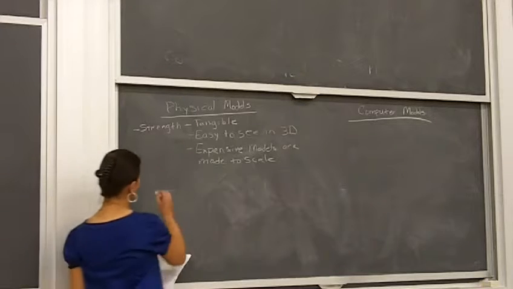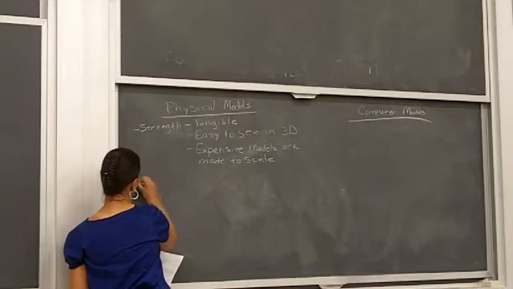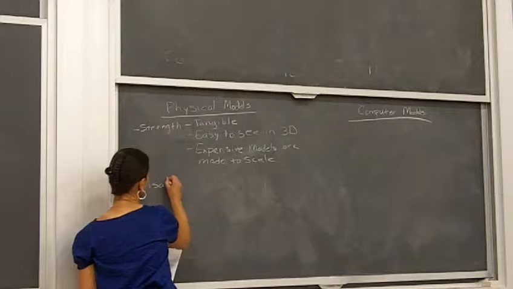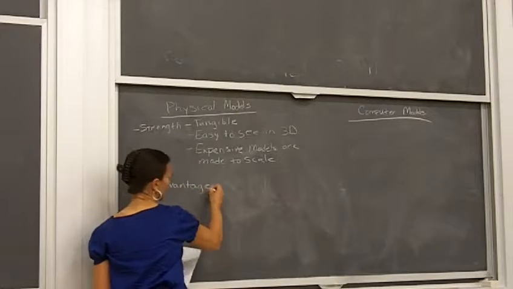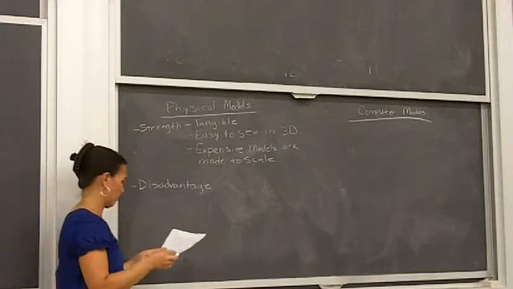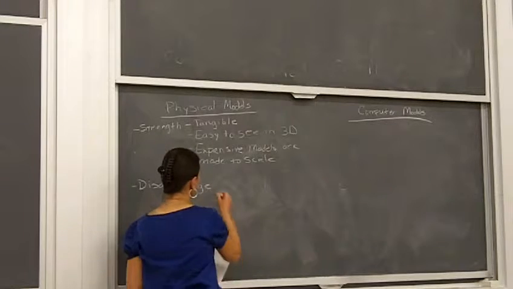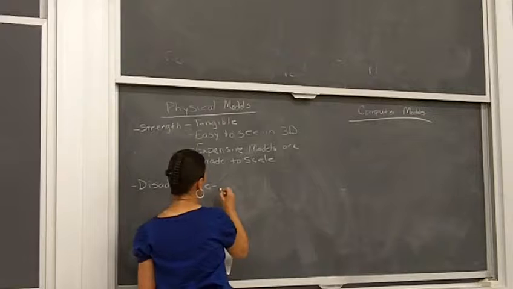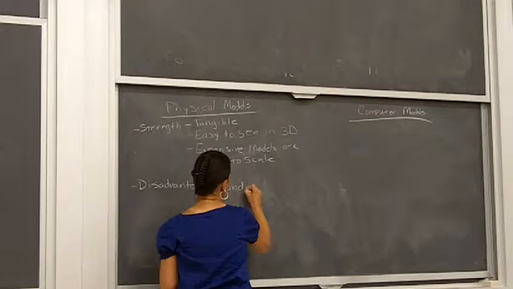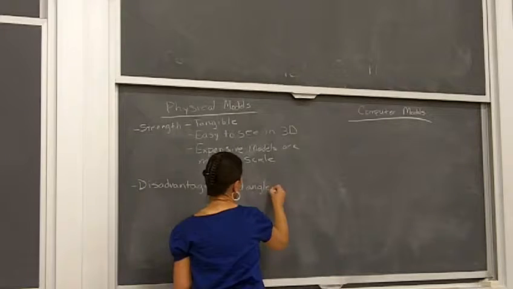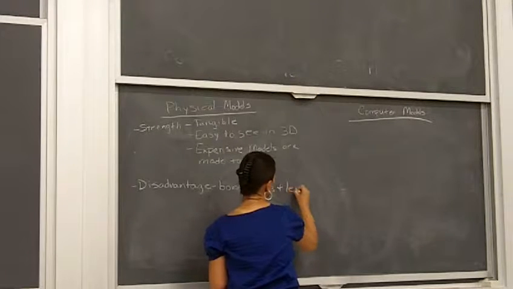Now, a disadvantage is kind of the opposite of that. In general, without purchasing the expensive type of model, if you're looking at general physical models, the bonds, the angles, and the lengths are not to scale.